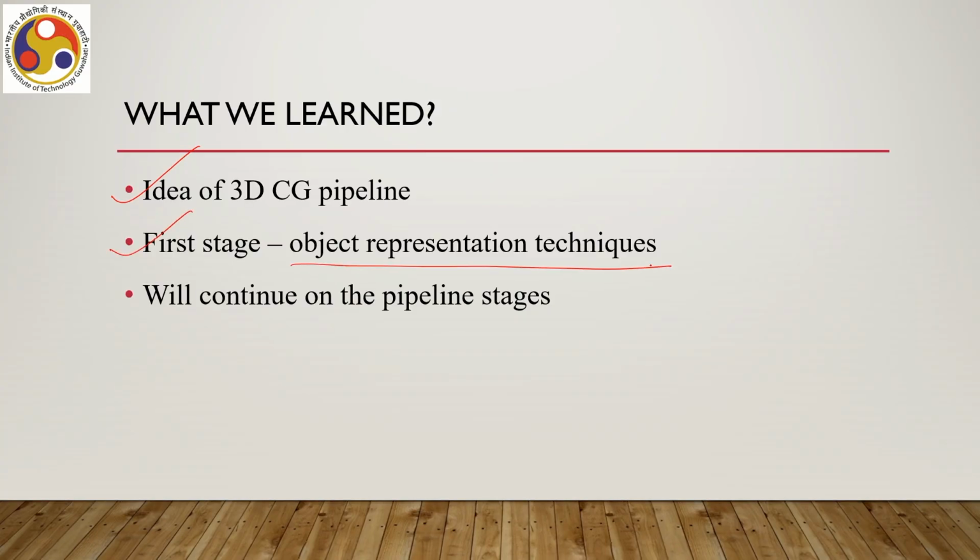One thing to note here is that for the sake of discussion, we are representing the pipeline in the way we are discussing. It may be noted that this sequence may not be exactly followed when the pipeline is implemented.